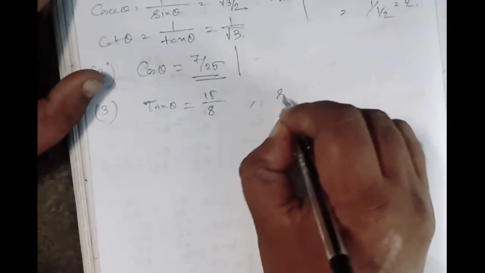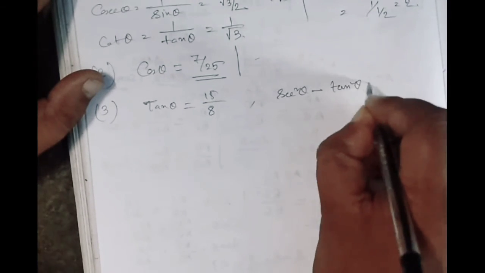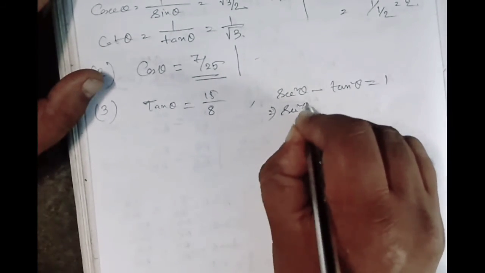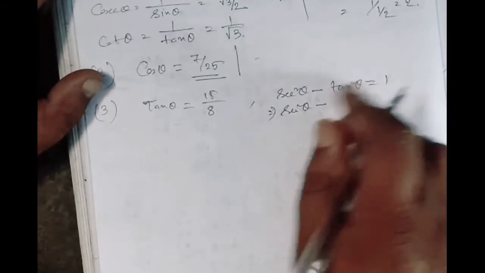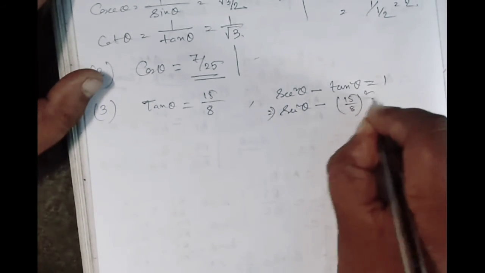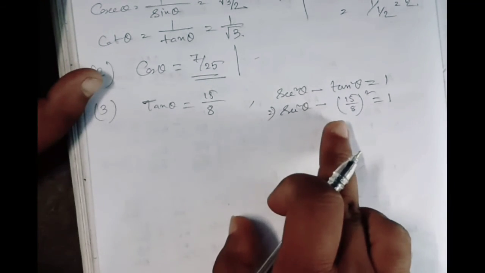We know that sec square theta minus tan square theta is equal to 1. So from here sec square theta minus (15 by 8) whole square equals 1. This is one process that I am solving.